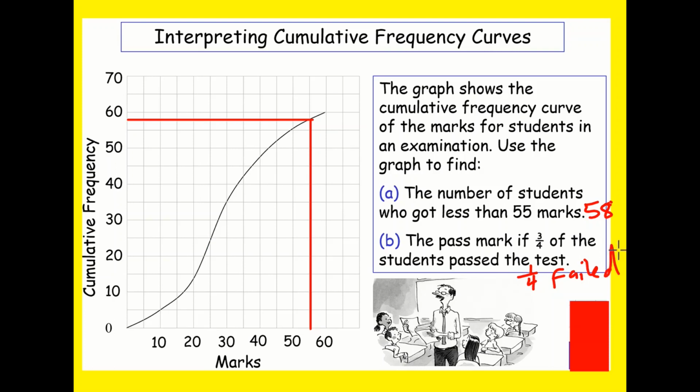And I need to find that position where the 1/4 of the students are getting a certain mark, and hence that will be the pass mark. So 1/4 of 60, because remember, that's the total frequency, is equal to 15. I'm going to have that 15 failed. So now I'm looking for the mark where basically the 15th person is.